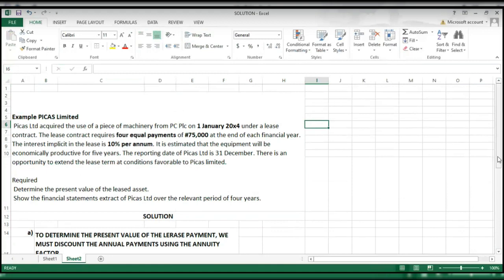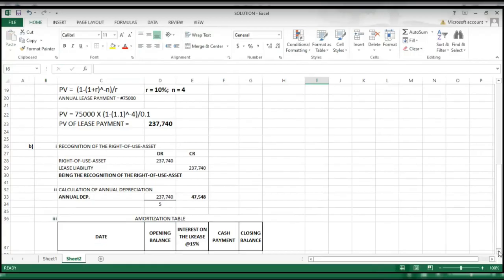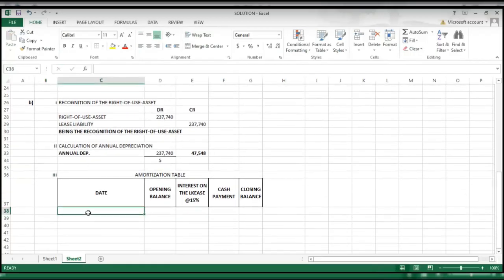Since this is opening balance, we are going to have 1 January 20x4, then 20x5, and then we move on like that to the 4 years, 20x7.